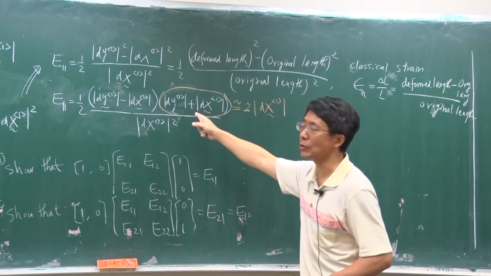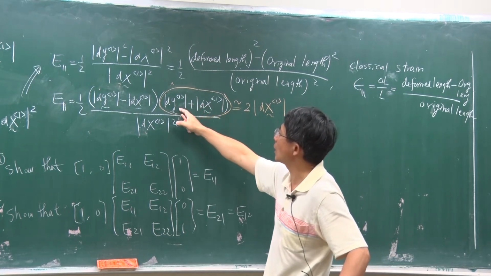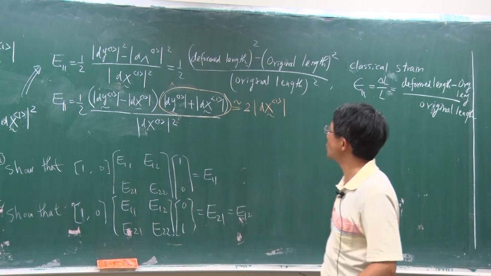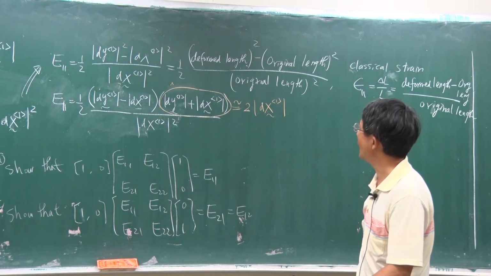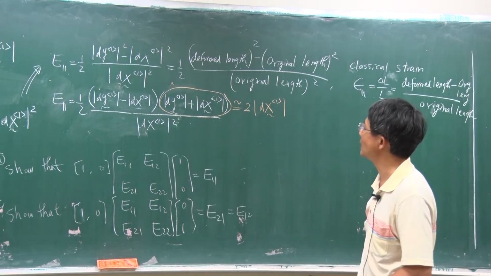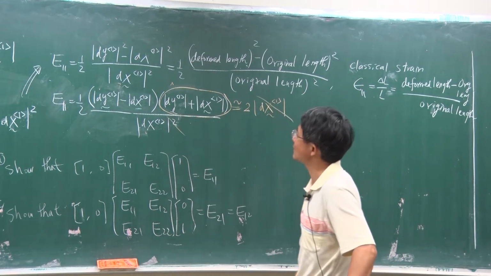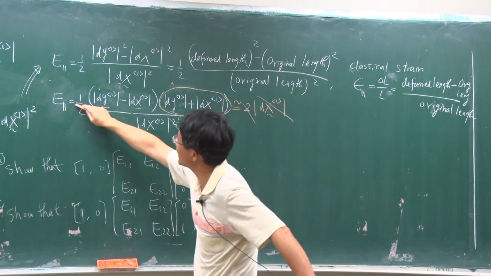For small deformations, this term equals this term approximately. So this term equals 2 times the dx1 vector length, and such that this can cancel out this one, and this one can cancel out this one.